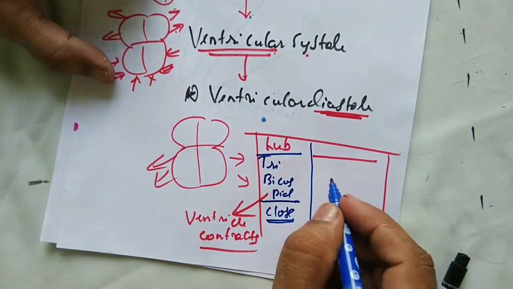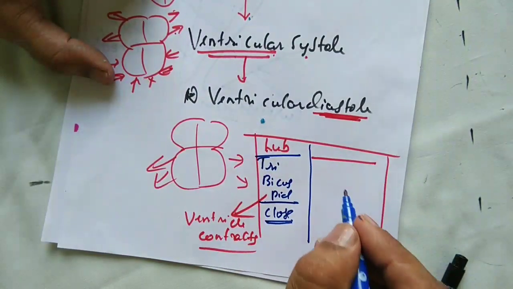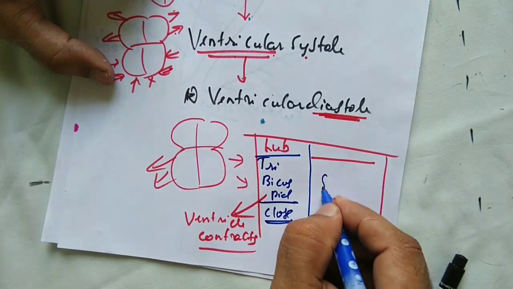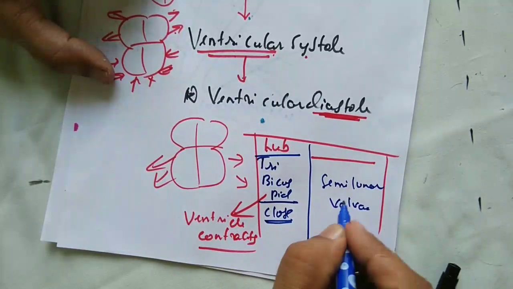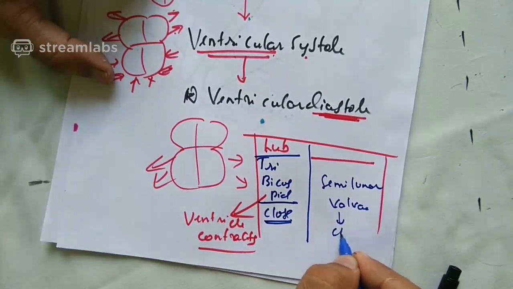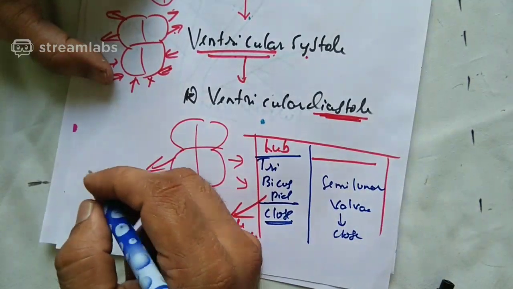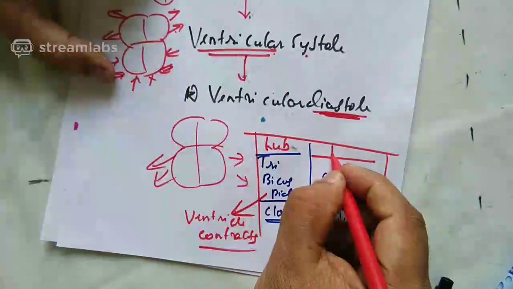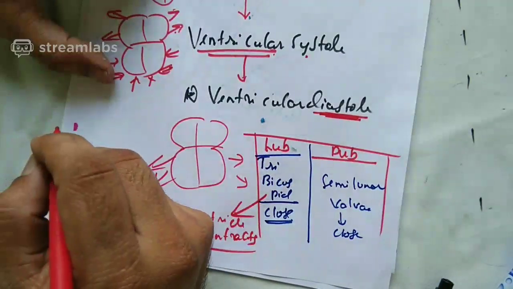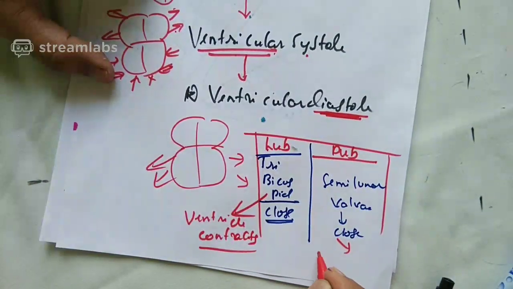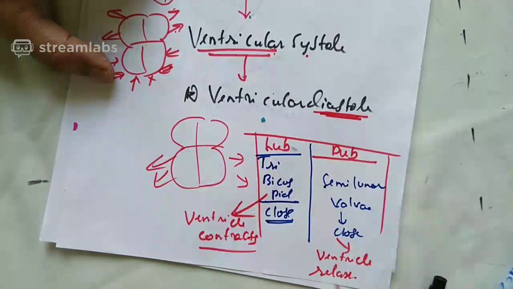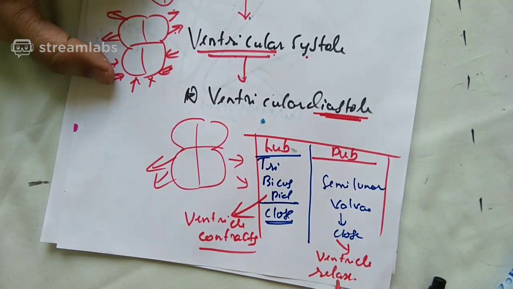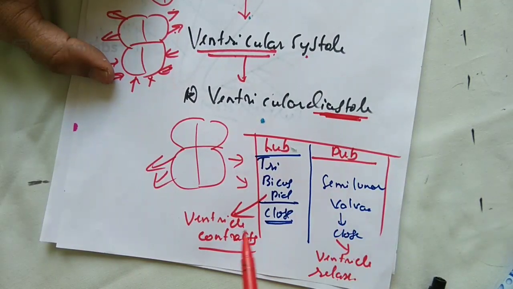Yes. Then the valve which is covering the pulmonary artery and aorta is called the semilunar valve. When the semilunar valve gets closed, that creates a sound called dub. And dub is the second heart sound. This occurs when the ventricle is undergoing relaxation. Clear? When a ventricle relaxes, the sound is dub, and when a ventricle contracts, the sound is lub.